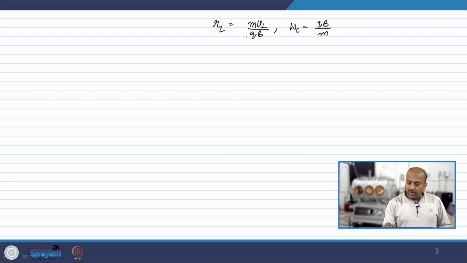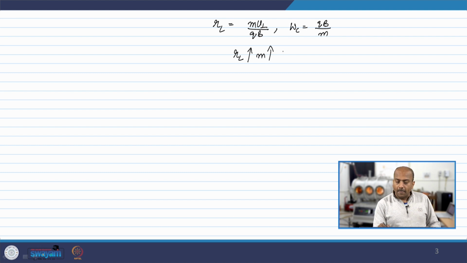For instance, when the velocity is the same but the masses are different, for the radius of gyration RL, if you have a higher mass, the radius of gyration will be larger, and if it is a lighter mass, the radius will be smaller. As a consequence, the drift of the guiding center per cycle will be very, very small for a lighter mass particle.